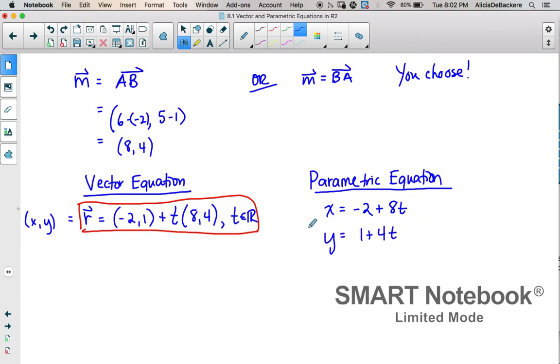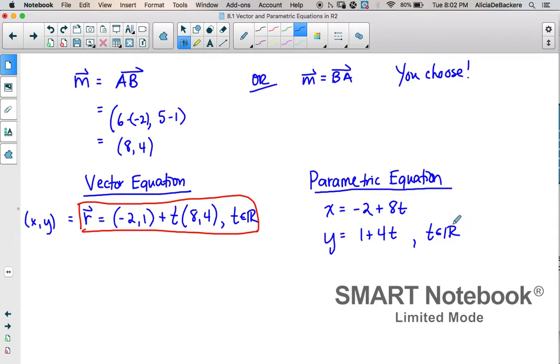Now, in this example, they asked me for both of these equations. Because I've already defined t belonging to the set of real numbers over here, I don't technically have to do it over here. It's the same t, but I just do it out of habit so that I don't forget some other time.